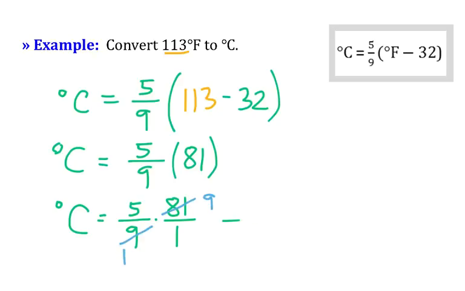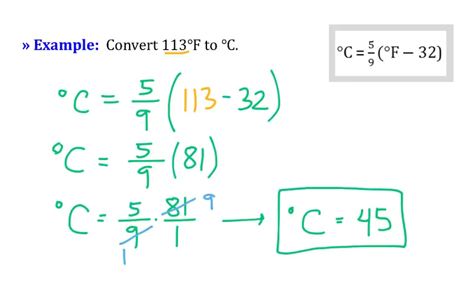And that cleans up, looks like, to just 5 times 9 in the numerator, which is 45, and 1 times 1 in the denominator. So this tells us that 113 degrees Fahrenheit is equivalent to 45 degrees Celsius. And that would be one example of converting temperature.